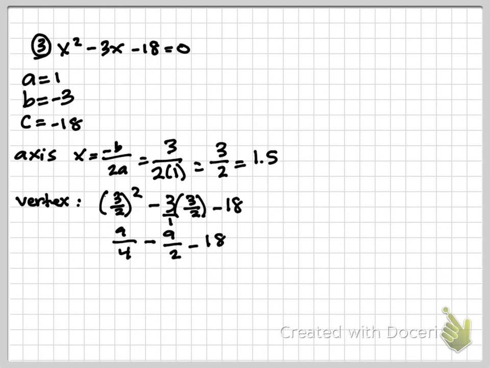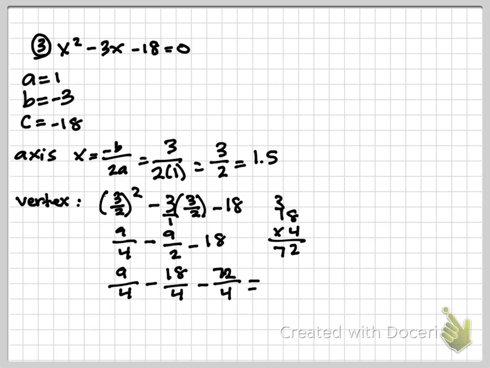Now I've got to get some common denominators. 9 over 4 minus 18 over 4 minus, what is 18 times 4? 72. 9 minus 18 is negative 9, and negative 9 minus 72 is negative 81. So negative 81 over 4.